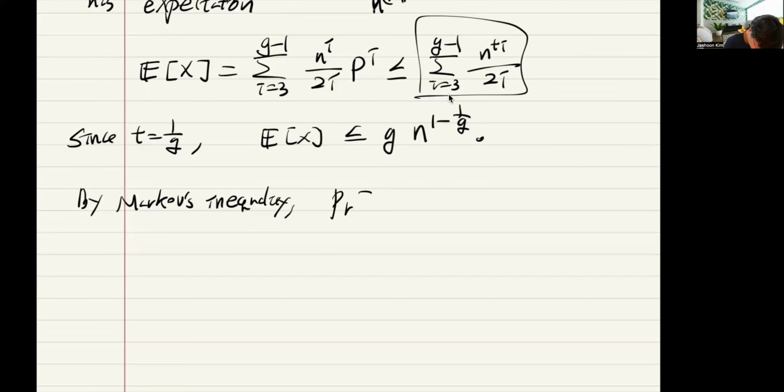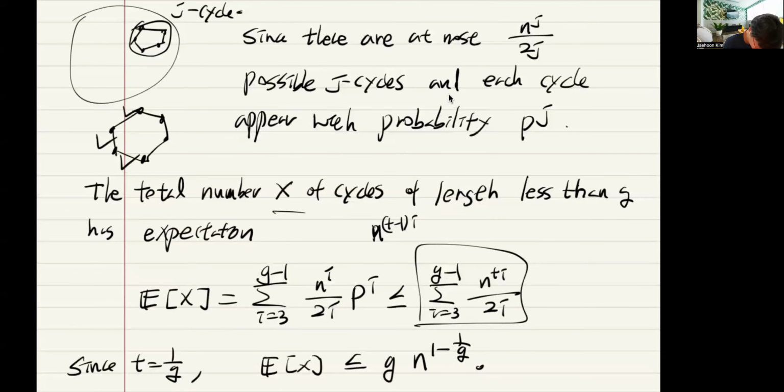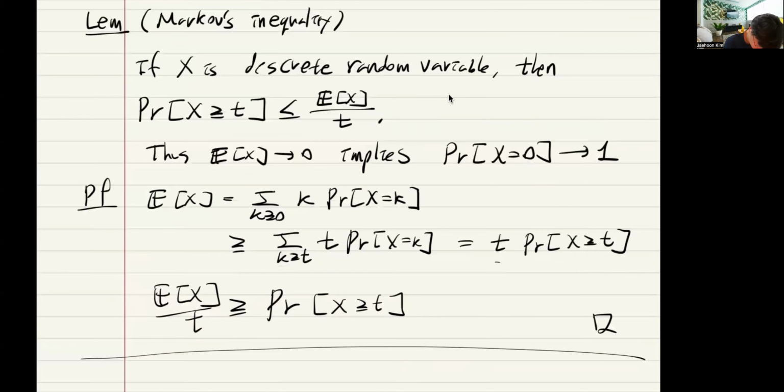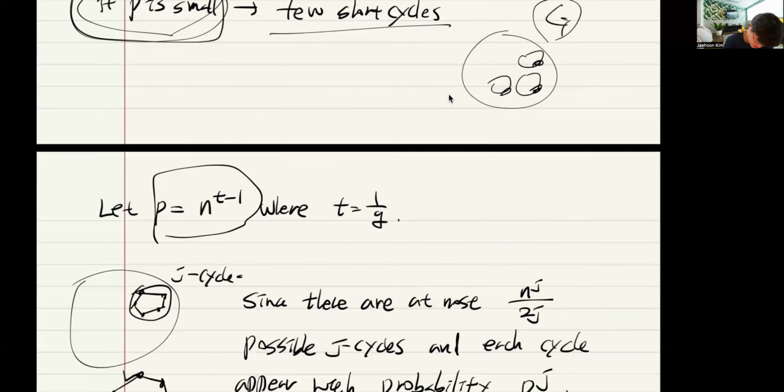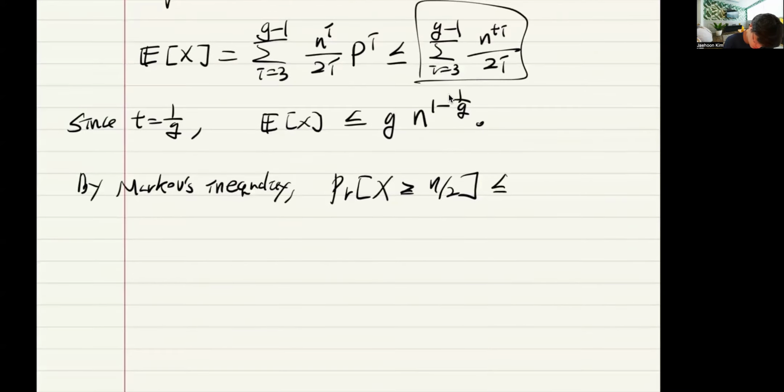the probability that this is bigger than, say, n over 2 is what? By this Markov inequality, that's at most its expectation divided by n over 2, which goes to 0 as n goes to infinity.